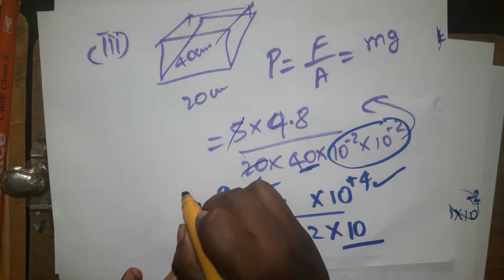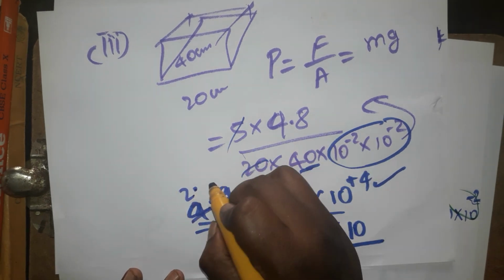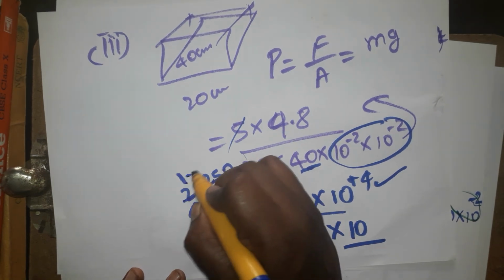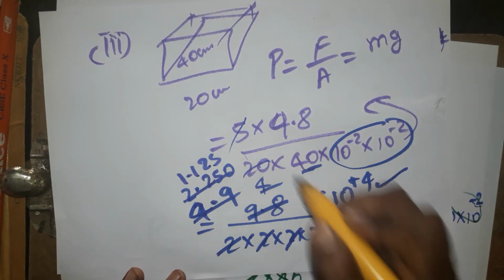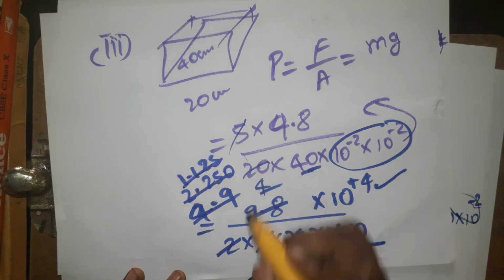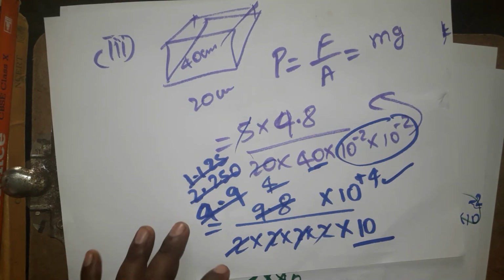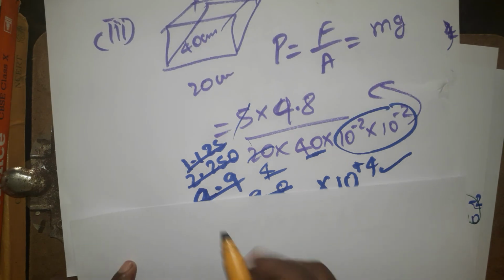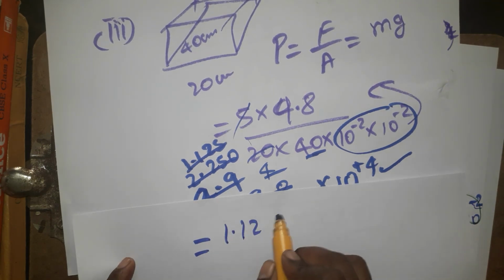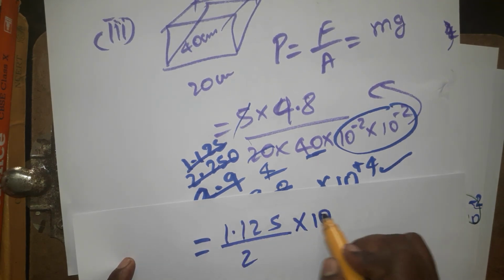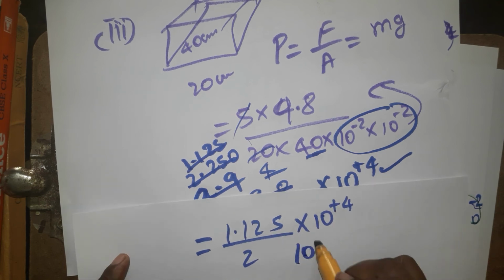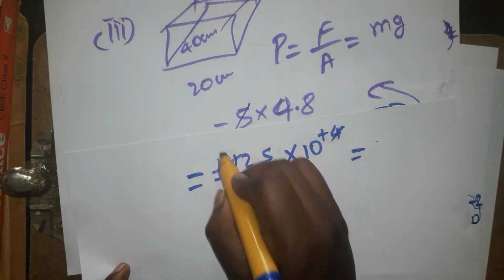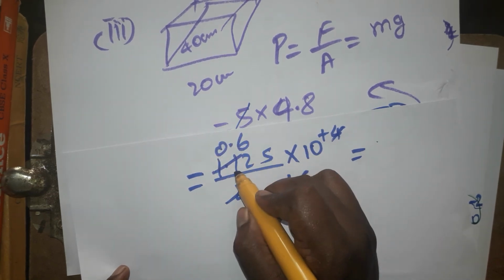Second time cancel, I will get 2.250. Next time I cancelled, 1.125 I will get. If I cancel the next time, I will do that on a separate page. Just 4 times we should cancel with 2 table. 1.125 divided by 2 into 10 power plus 4 divided by 10. So 1 power will go, 10 power 3 will be there. This is going to be 0.6.